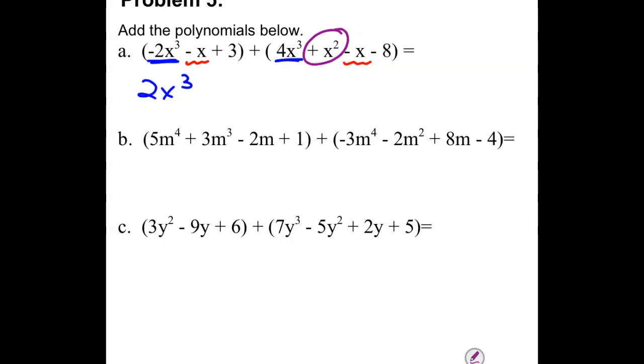We don't have any from the first polynomial to add to it, so we just have a single x squared. Okay? Now we can list our x's. We have a negative 1 and another negative 1, which means what? Okay, so we have negative 2 x's, and then our constants are going to come last. We have 3 plus negative 8, so negative 5.